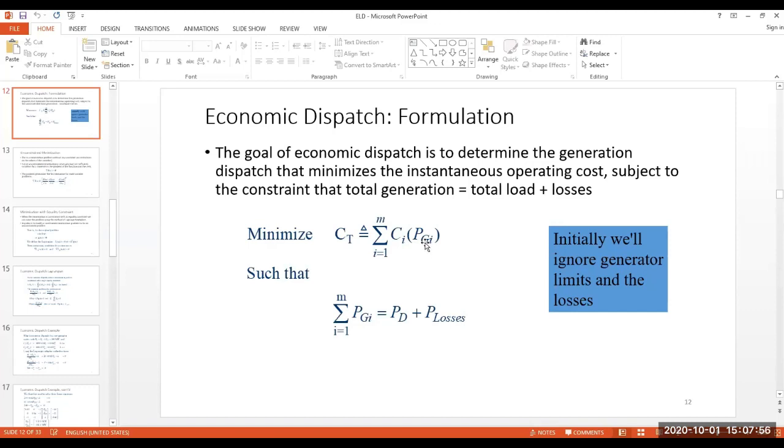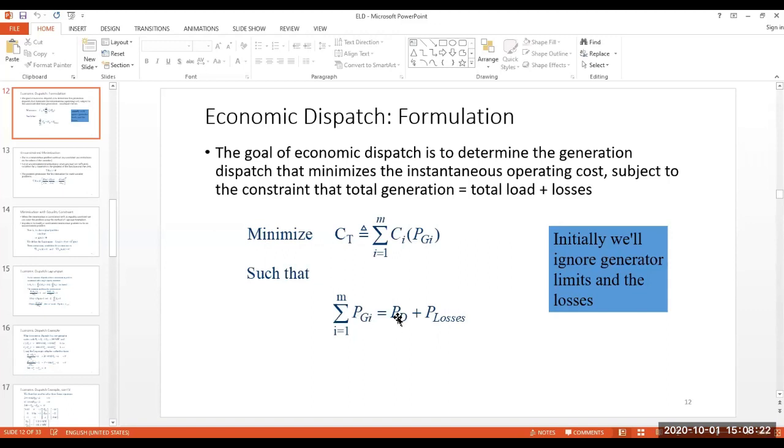We can easily treat them as our xi: x1, x2, x3, or PG1, PG2, up to PGm. So this is my f of x, a function of PGI. And this is my g of x. You see here also I have the presence of the x variables, the PG variables, and I should write it in terms of g of x equal to 0.